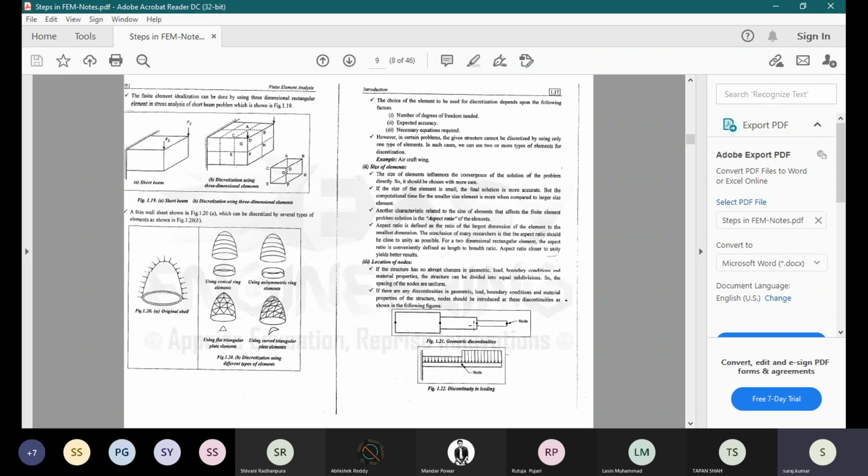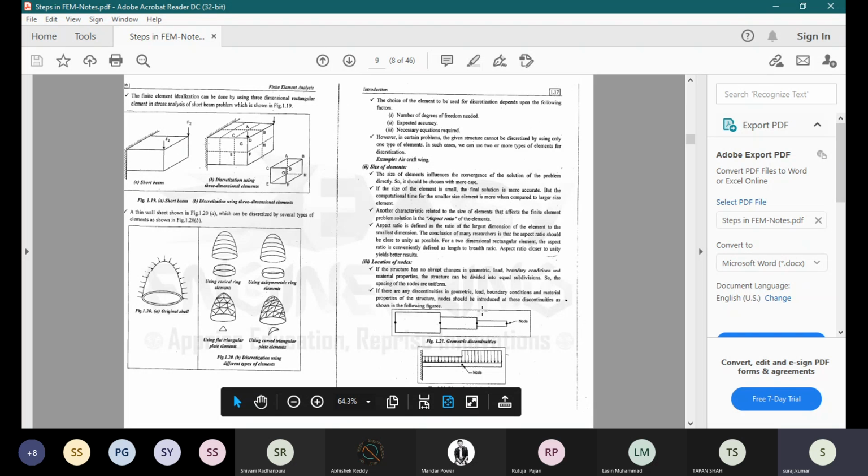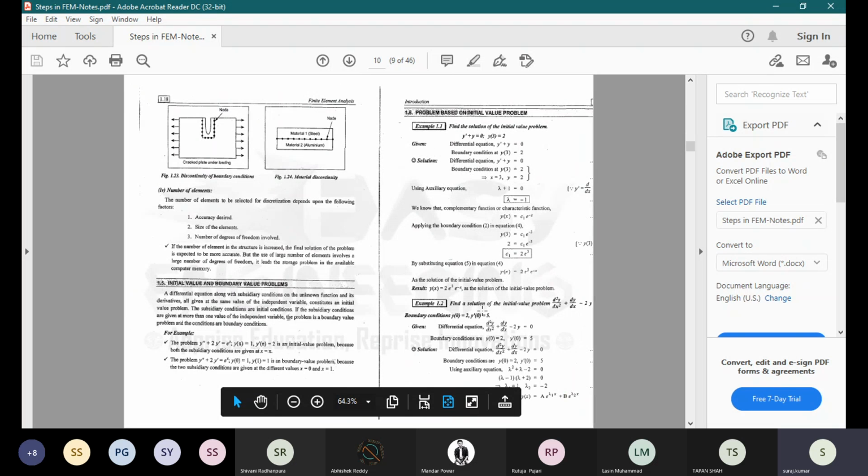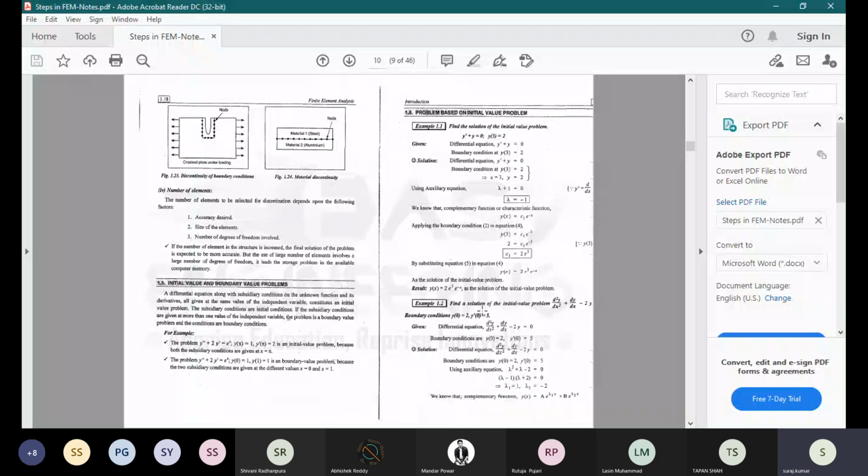In such cases, you have to place new nodes, okay. What we have seen here is that we have to place new nodes, and then we came across the various types of problems.